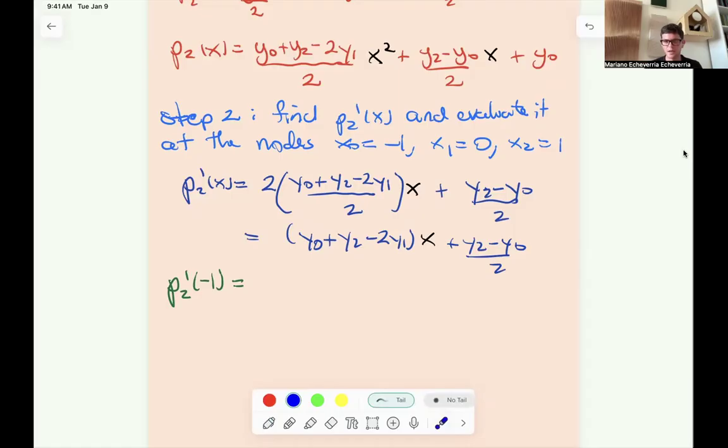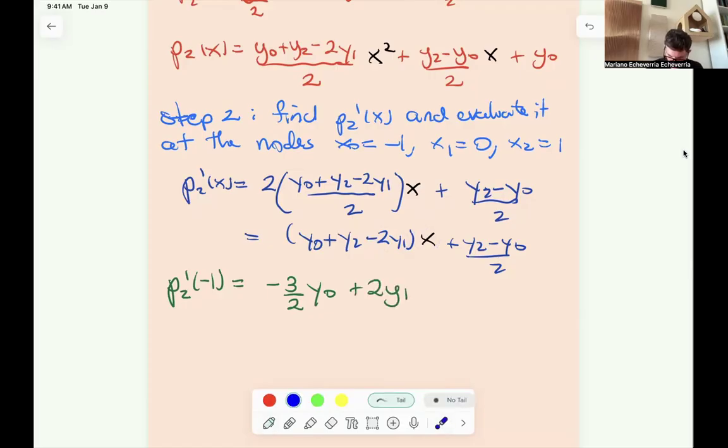So if you plug in x equals -1 here, you get negative y0, and then there's a negative y0 over 2 here, so they can be combined, and that gives you -3/2 y0. What do you have with y1? You have -2y1, but it gets multiplied by -1, so that becomes 2y1.